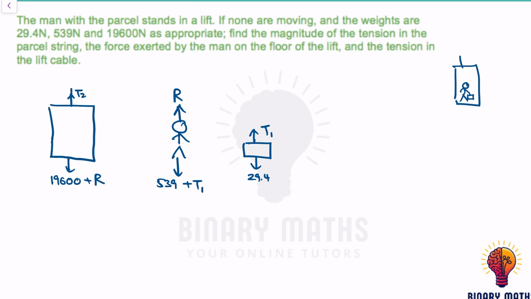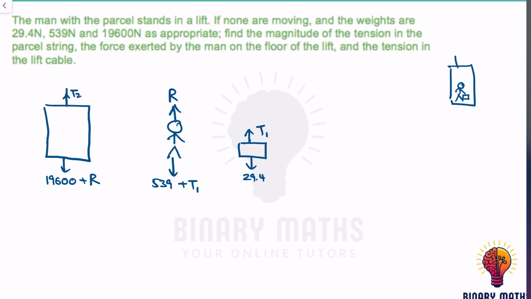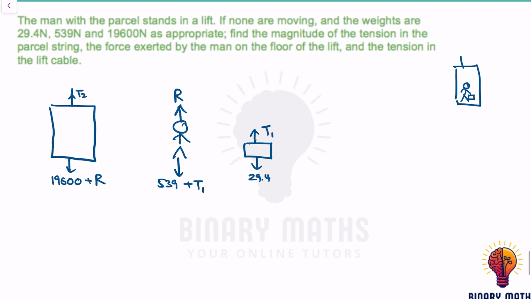Okay, so if we look at the lift, first we need to find the tension in the parcel string, okay? Because no one is moving, we know acceleration is equal to 0. So that means, for the parcel string, if we resolve it vertically, then what we do know is T1, because it's not moving, T1 must be equal to 29.4 newtons.